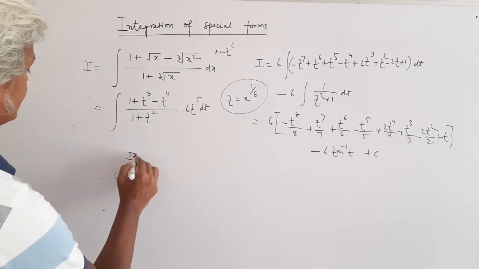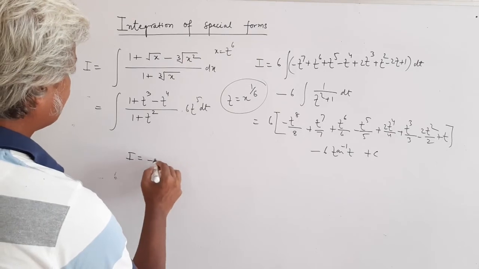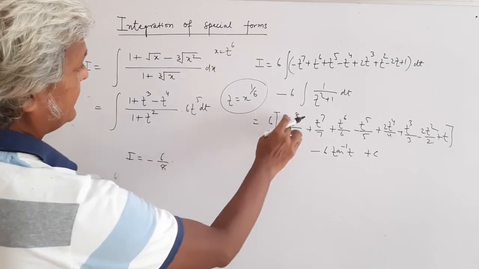So our final answer is going to be minus 6 over 8 t to the power 8.